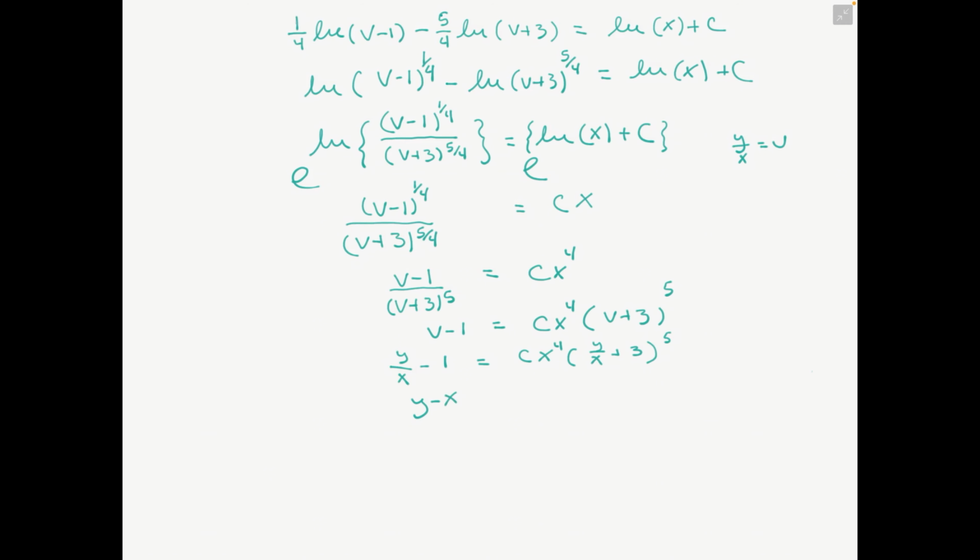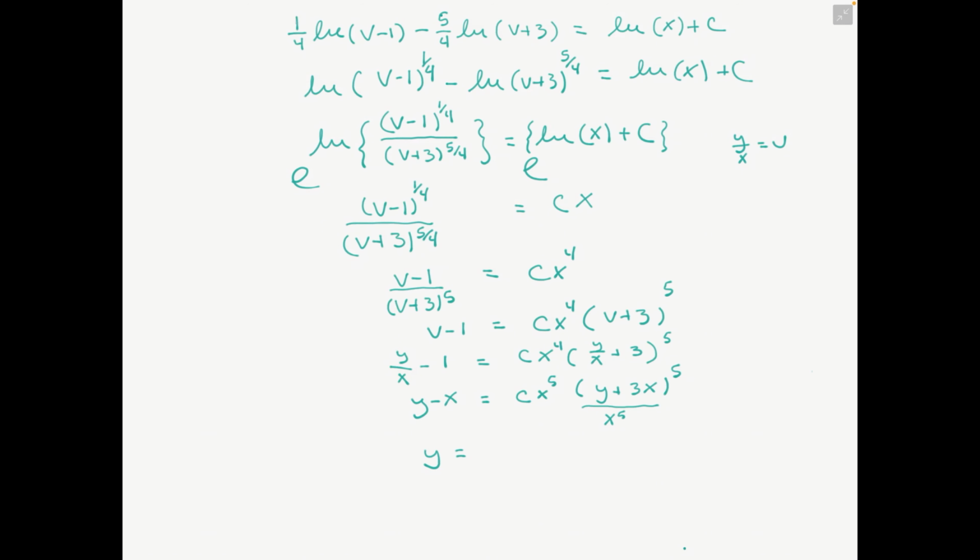You got y minus x equals cx to the 5th. And this is y plus 3x to the 5th on x to the 5th.